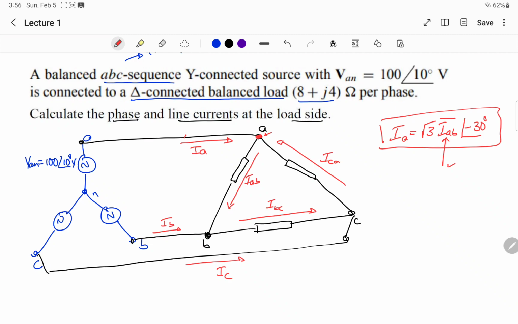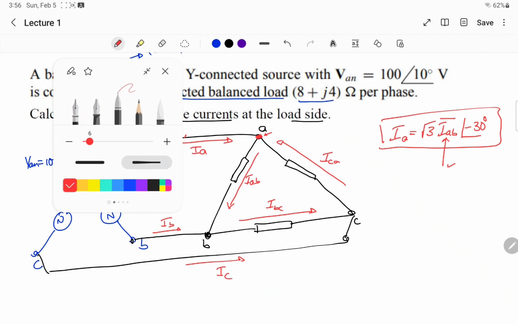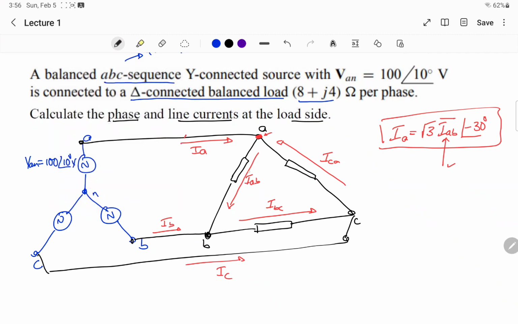Now the story unfolds and the question arises: okay sir, we know this, now how do we calculate IAB? IAB is the current across this phase. And if we know the voltage across this phase, that is VAB, we can calculate IAB. Now what is actually VAB?